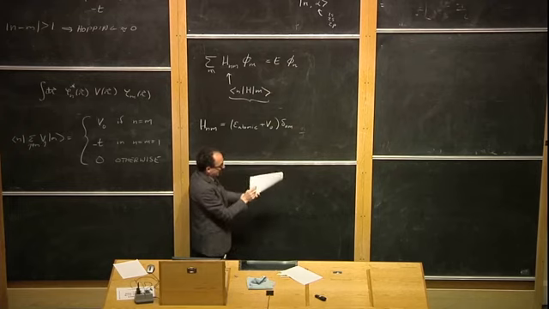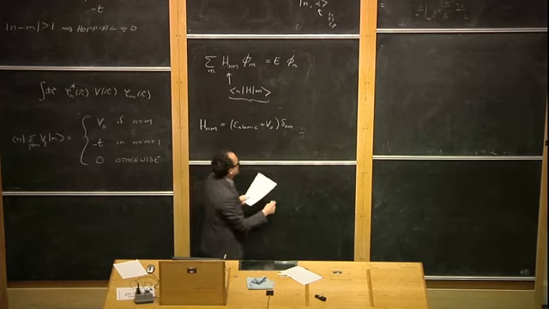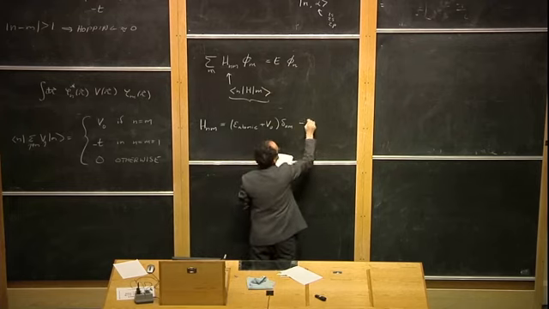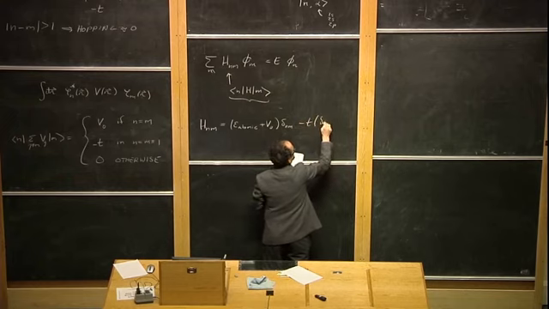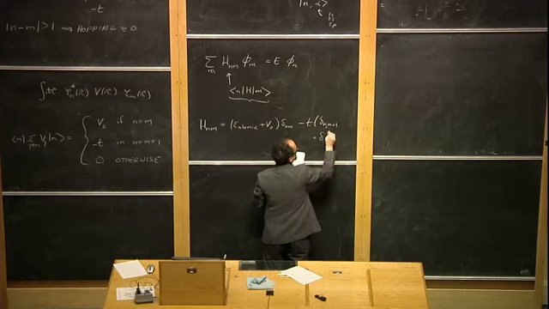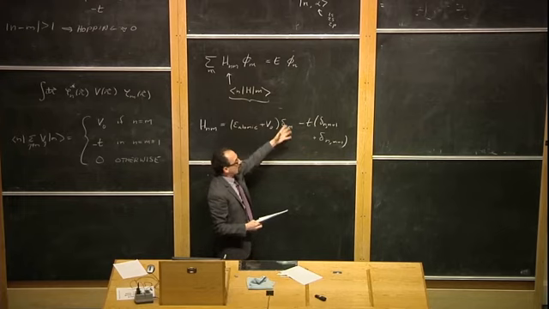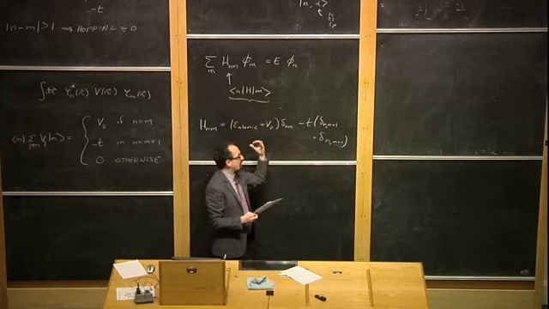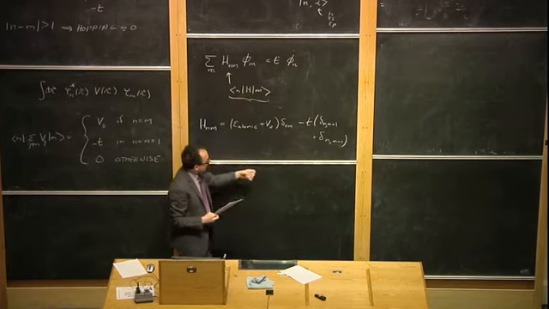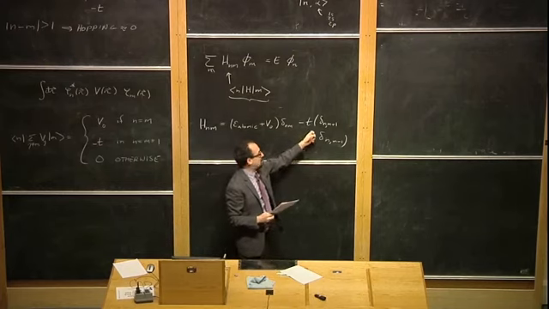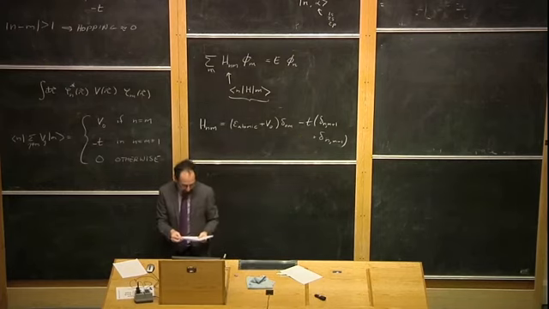If you're sitting on one site, interacting with all the other ones, not including yourself. Plus there's going to be another term, delta n,m+1 plus delta n,m-1. So there's this additional term here, which allows you to hop one step to the left or one step to the right with an amplitude t. Okay?